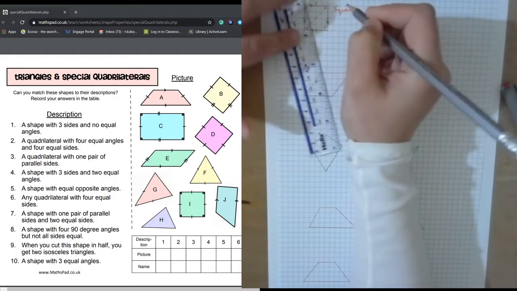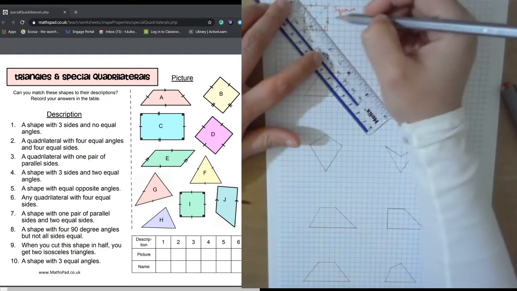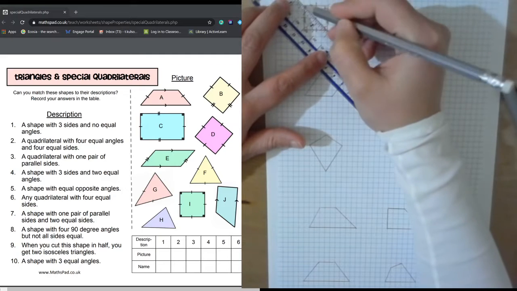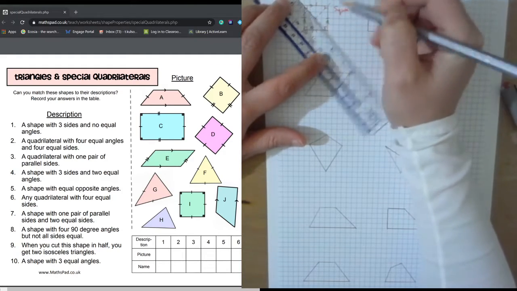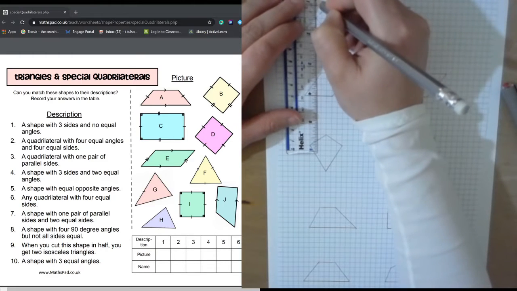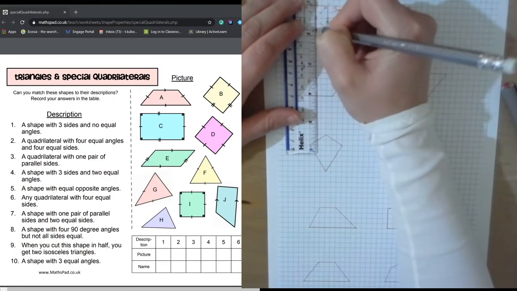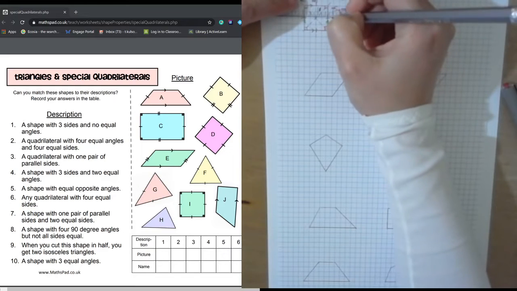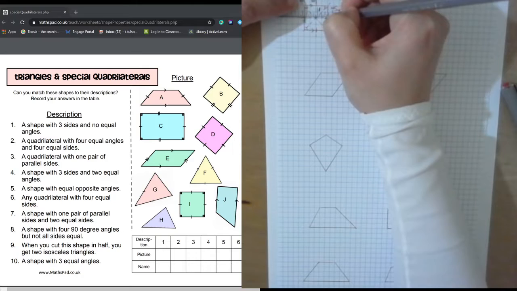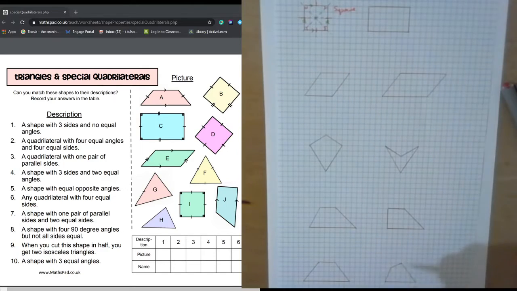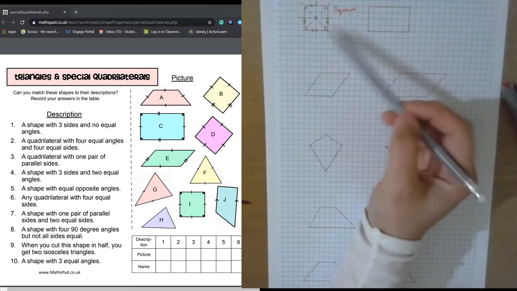Okay, 1 line of reflection or symmetry in this case. A second line of symmetry, a third line, and a fourth line. So you've got 4 lines of symmetry.